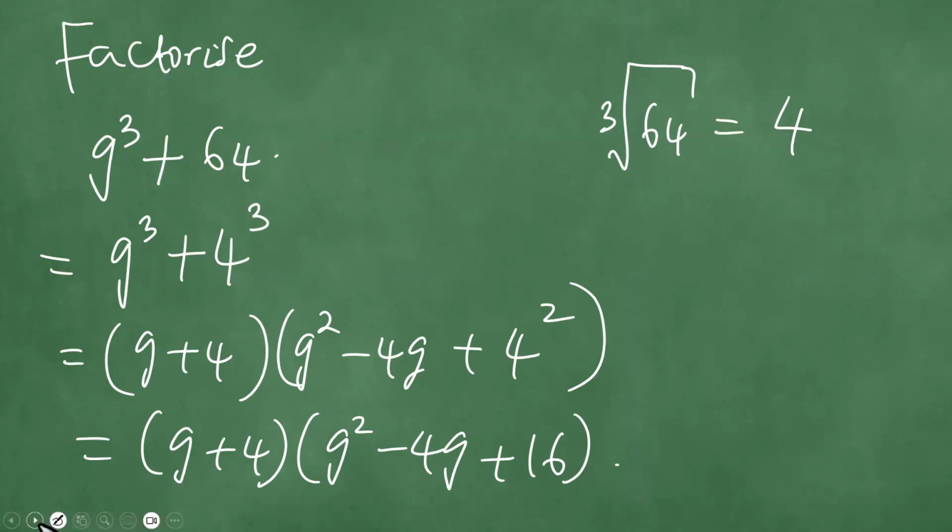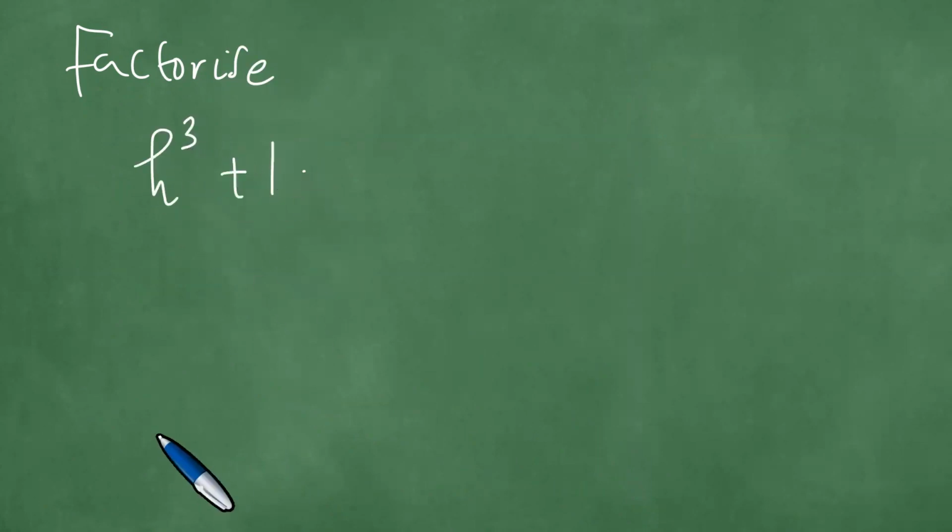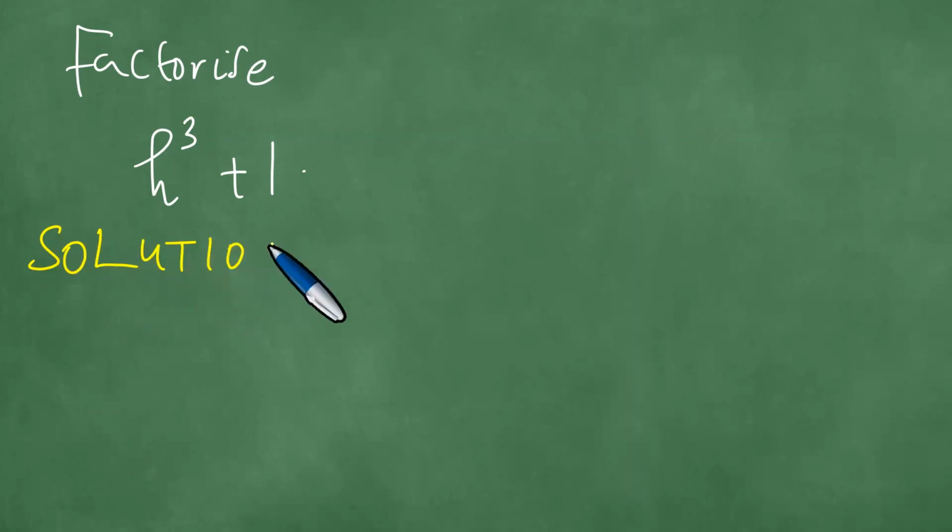Okay, factorize this one. H cubed plus 1. What is the first step here? To say H plus 1. You say H plus 1, right? Okay.